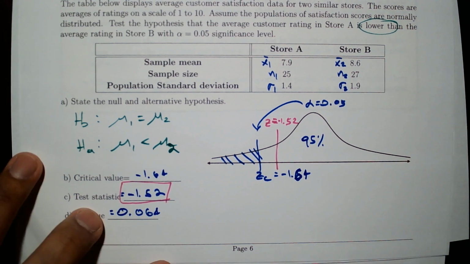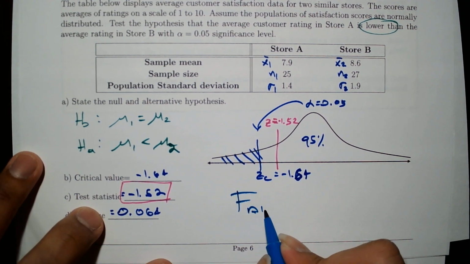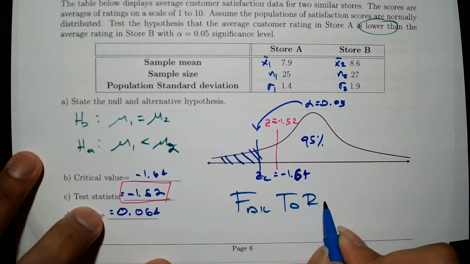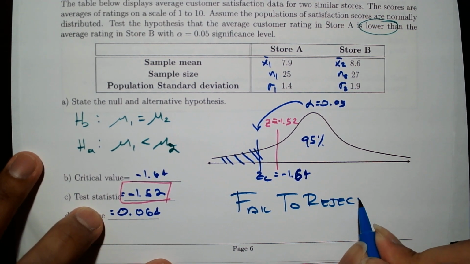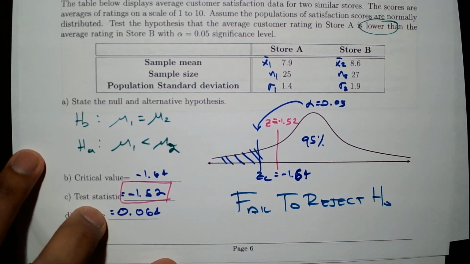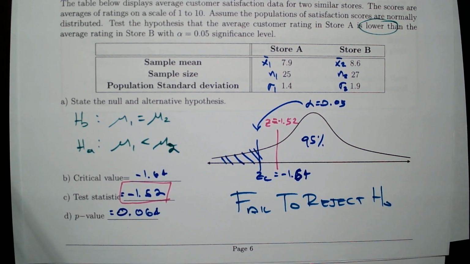For this reason, we fail to reject the null hypothesis. And that's all we do. Give it the data, put it in the graphing calculator, and go.